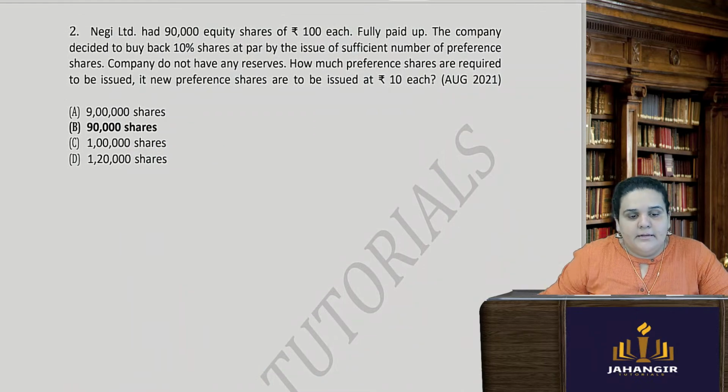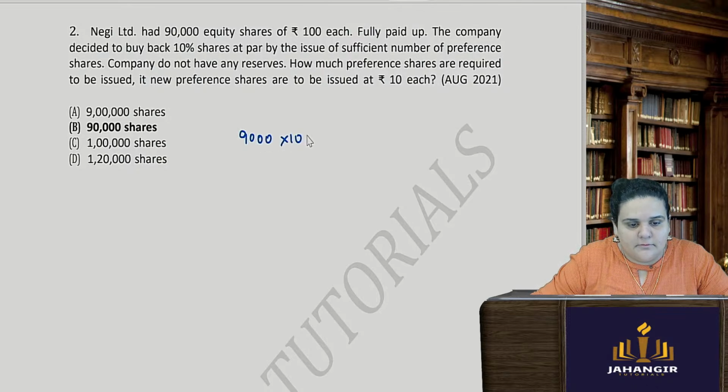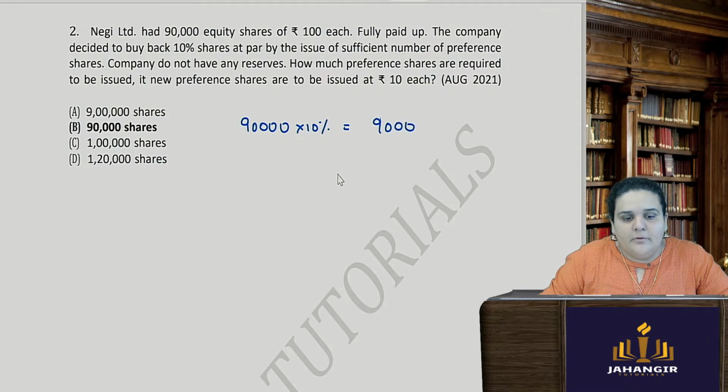Now Leggy Limited had 90,000 equity shares of 100 each, fully paid up. Company decided to buy back 10% of its shares. Okay. So 90,000 into 10% are to be bought back. So 9,000 shares we have to buy back. Okay.